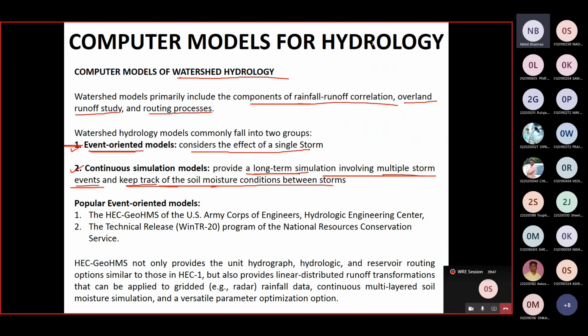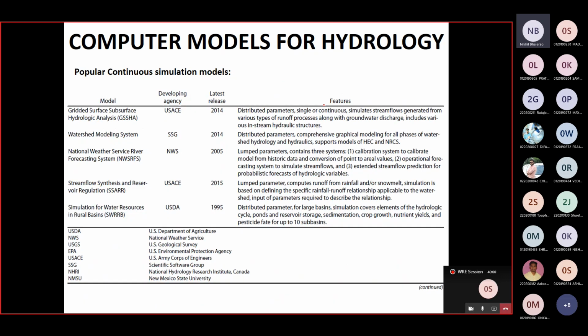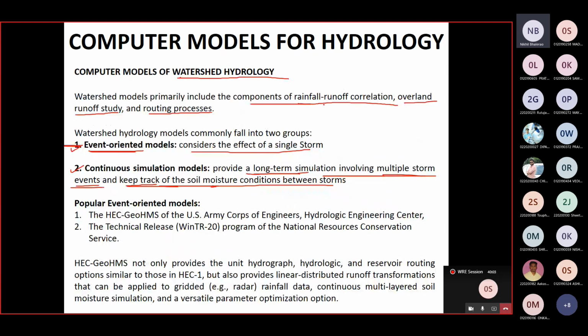Now, to carry out these studies, there are various software packages available, for event-based study or for continuous simulation models. First of all we will see the first category, event-oriented models. There are some popular event-oriented models that are used most commonly for study purposes.